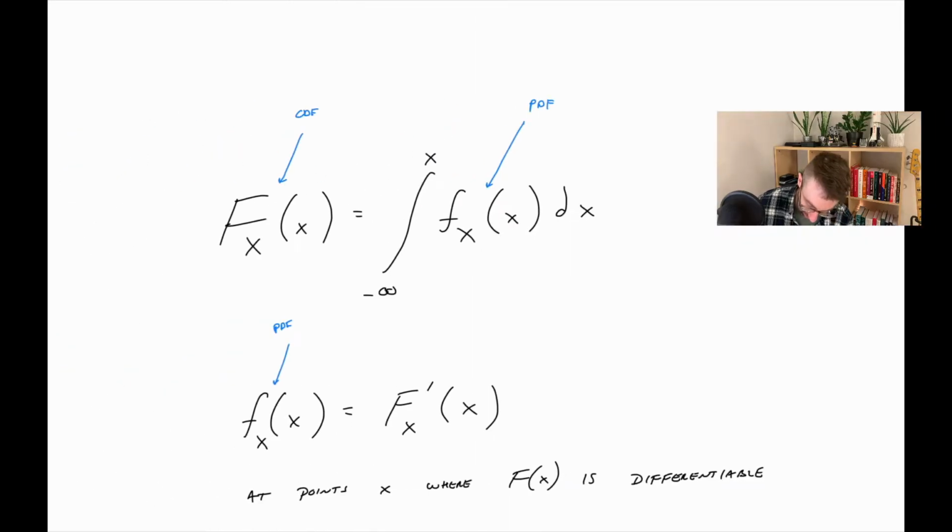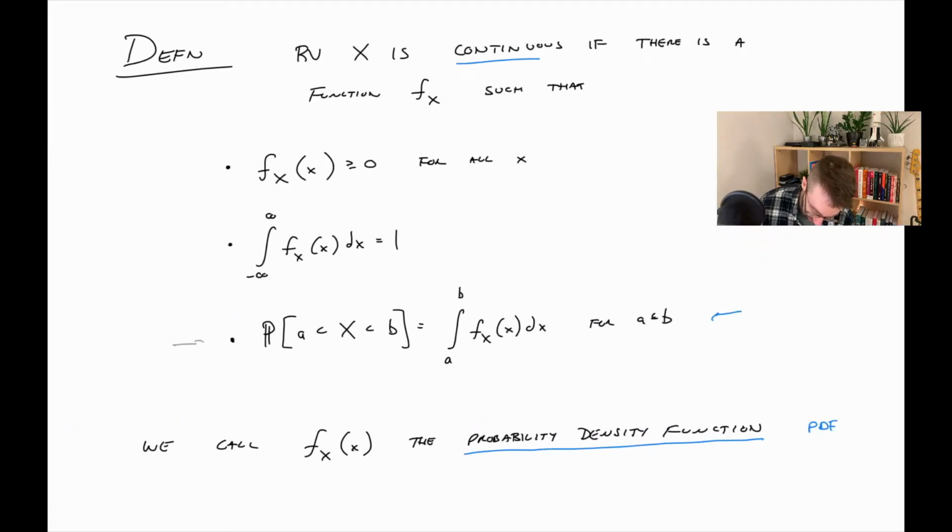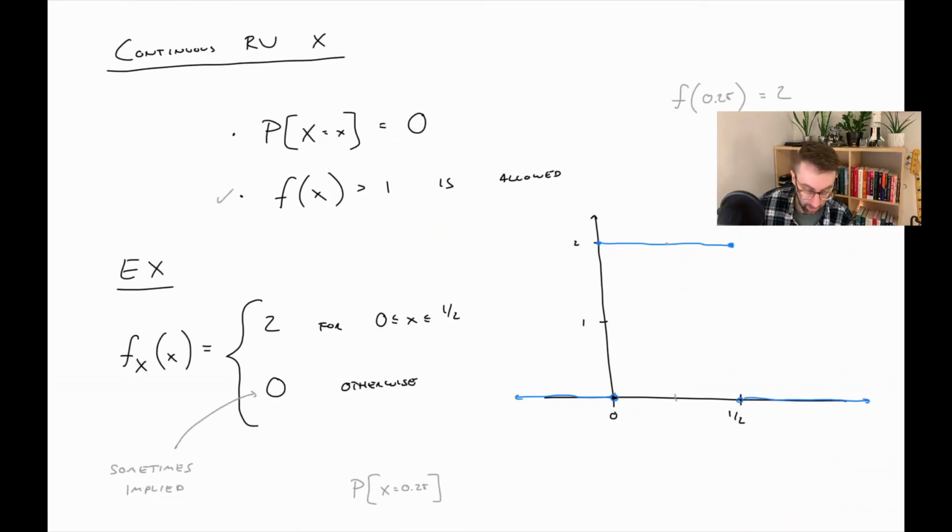Well, now since this is a PDF, we have to do this to calculate the integral. So this is going to be the integral from 0.25 to 0.25 of 2 dx, and that is 0. And so that's why we get things like that. Okay.